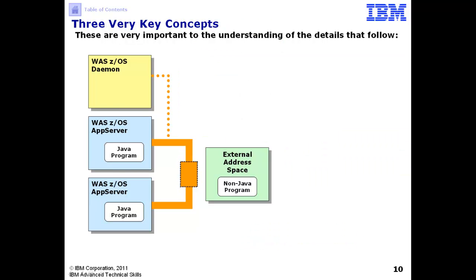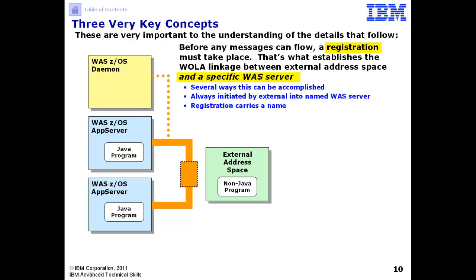There are three fundamental concepts we wish to establish early on. We will refer to these throughout the rest of the video series when we explore the details. The first key concept is that before any use of WOLA can take place, the external address space must first register into the WASI server. There are several different ways registration may take place, as you will see.